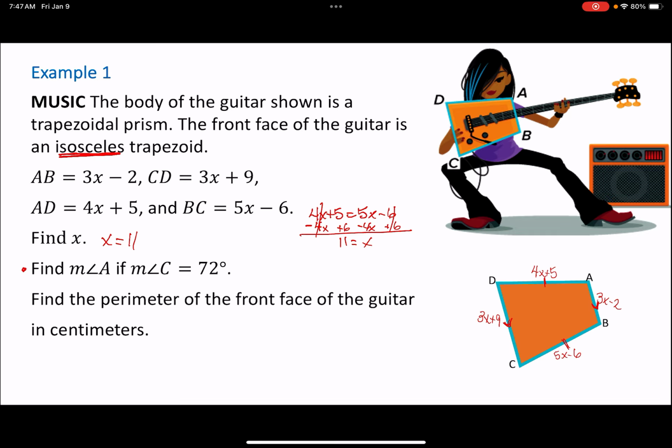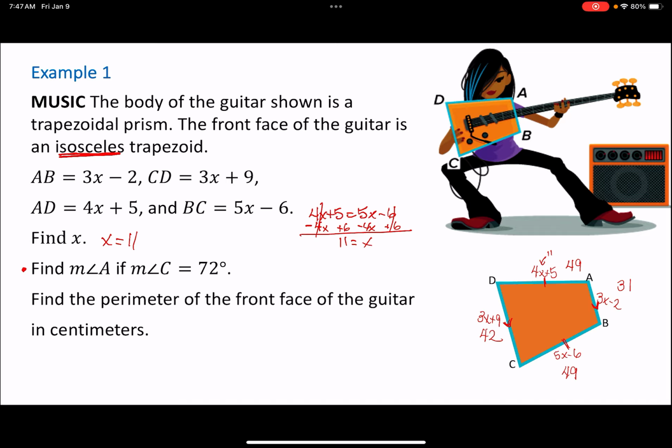Now let's put a note on this. We'll come back to this one in just a moment, but it makes sense to find the perimeter of the front face of the guitar now in centimeters. So if x is 11, 11 times 4 is 44, 44 plus 5 is 49, and this should also be 49. And then 3 times 11 is 33, 33 minus 2 is 31, 33 plus 9 is 42.